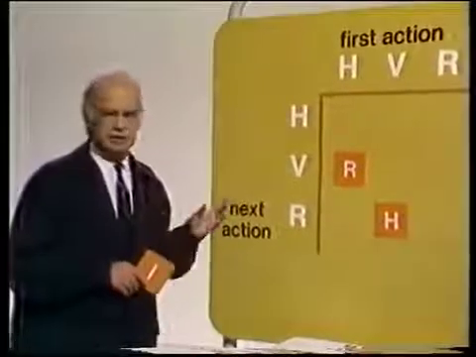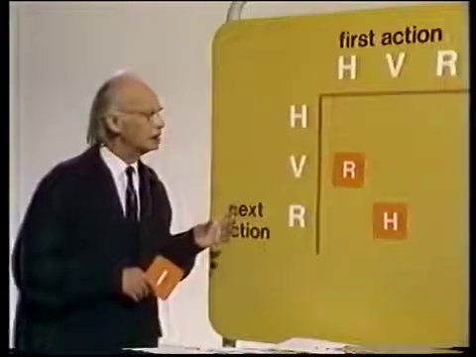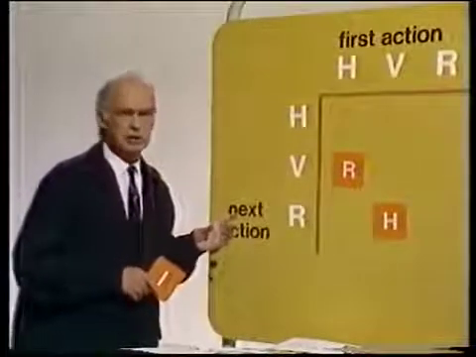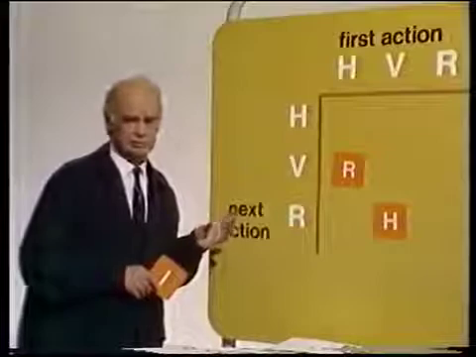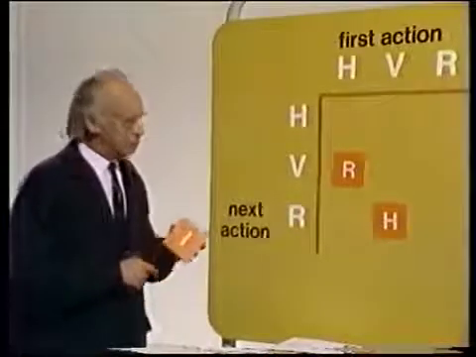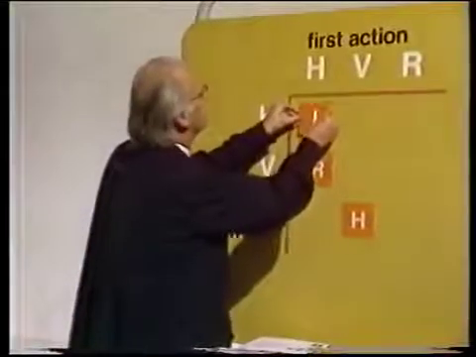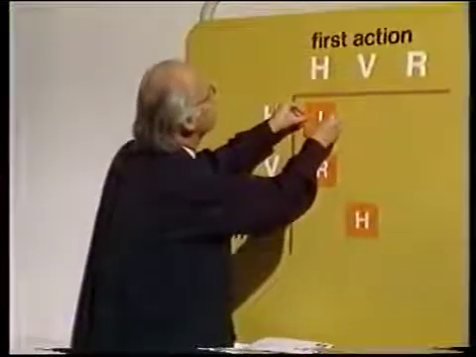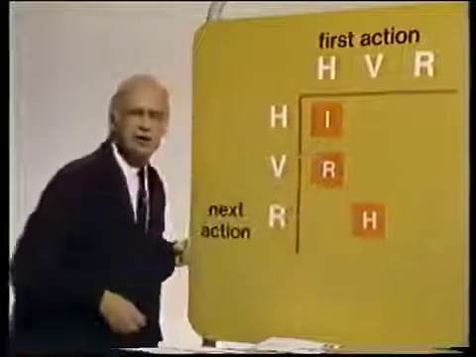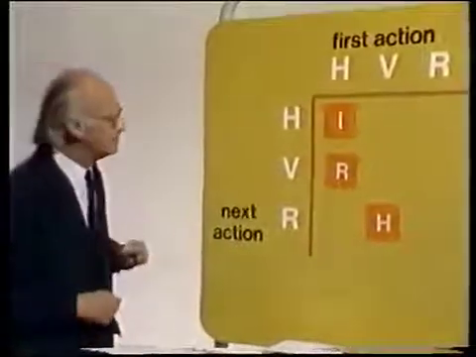I'm using capital letters here, so I'll use an I. You might remember the I for the identity matrix in multiplication. Here's my I. H then H is I, the identity, the action which leaves the object identically the same as it was before.